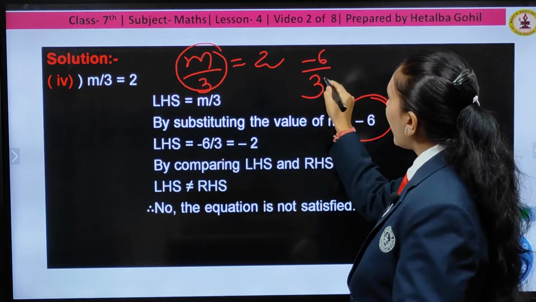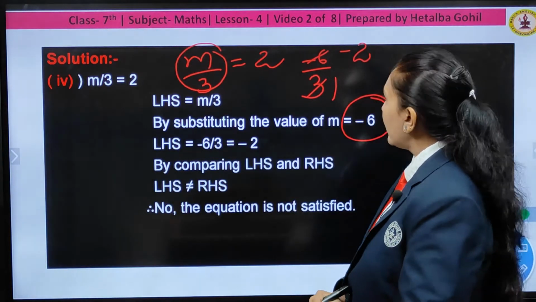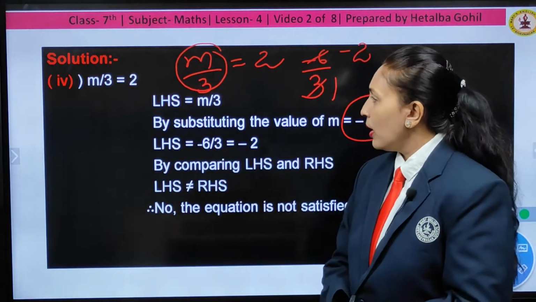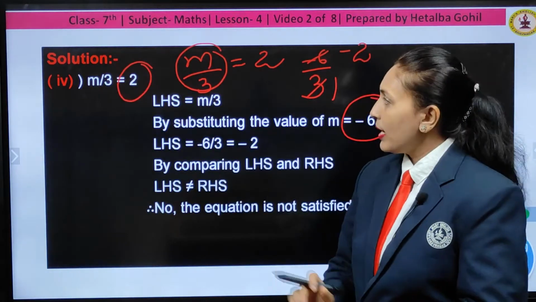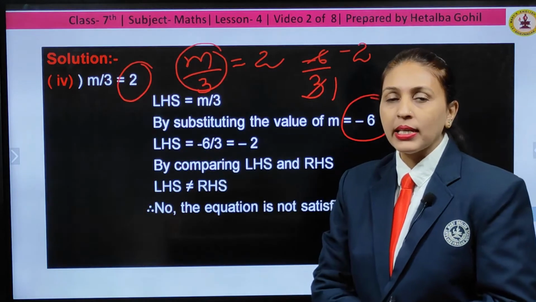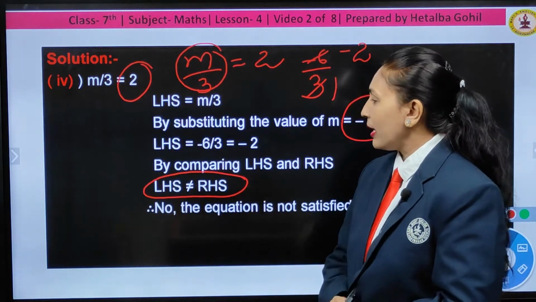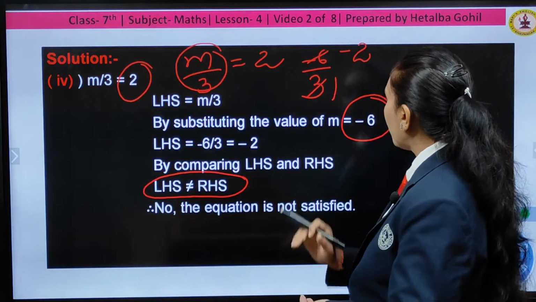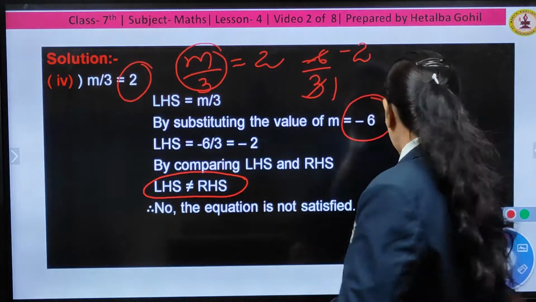When we divide, 3 twos are 6, so we get minus 2. But the RHS is given as plus 2, whereas our LHS is minus 2. That means LHS and RHS are not equal. Hence the given value of m does not satisfy the given equation.